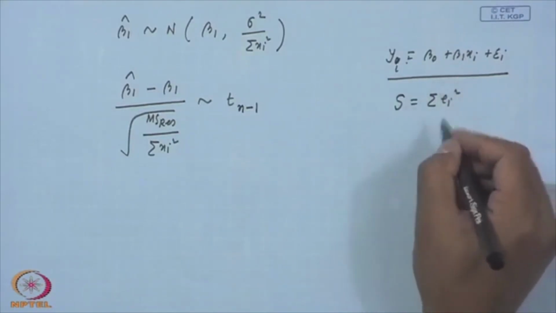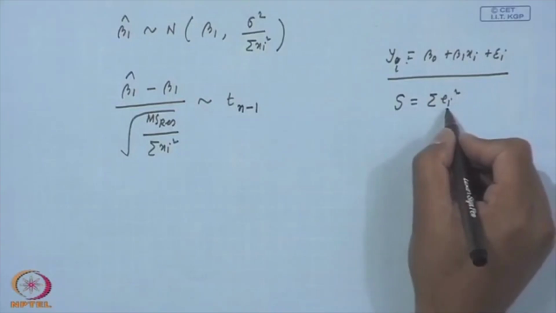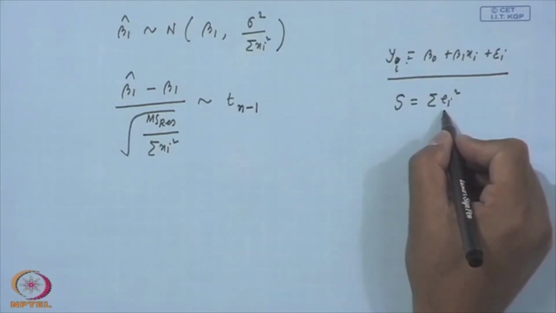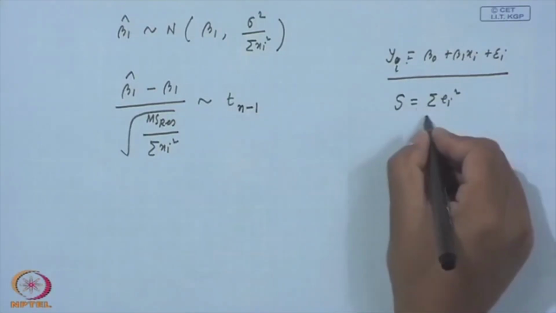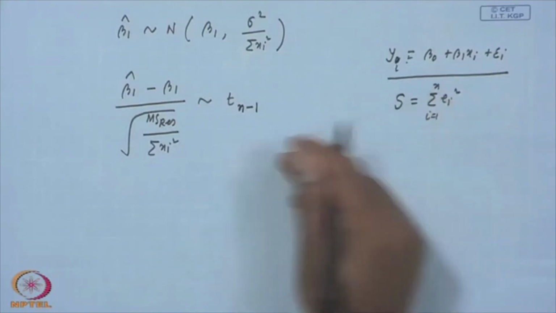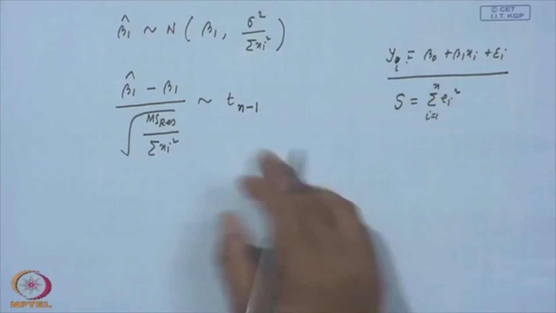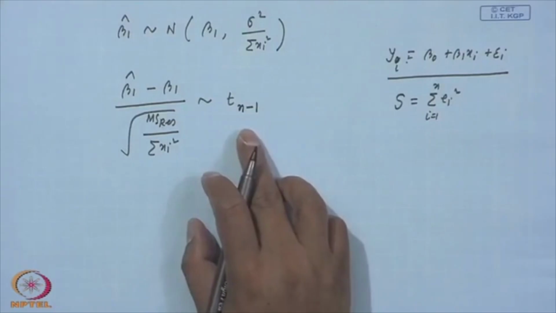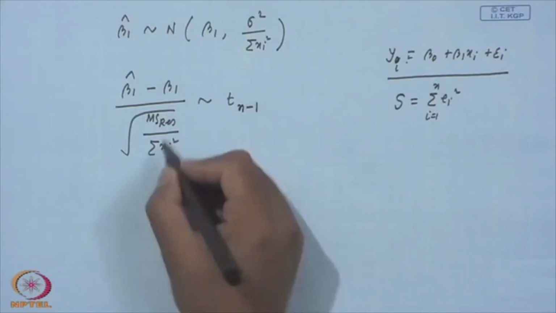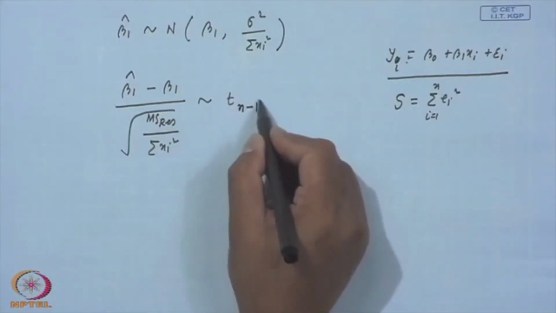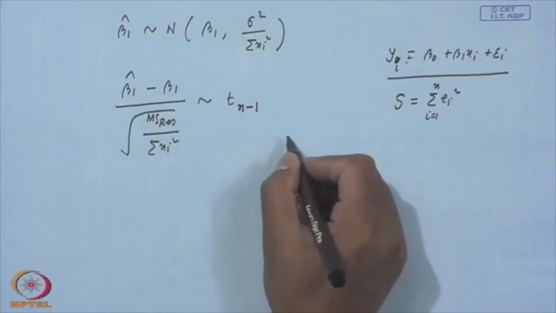So, there is only one restriction on epsilon I, and so you have the freedom of choosing n minus 1 E I independently, and then the last one has to be chosen in such a way that that restriction is satisfied. So, that is why the S S residual here has degree of freedom n minus 1, not n minus 2.